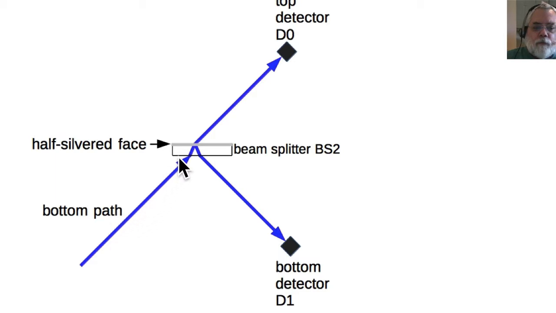The bottom path will transit the glass, reflect off the half-silvered face, and transit the glass again on its way to the bottom detector D1, but that reflection will not experience a phase inversion, because it reflected off the glass side of the half-silvered face.